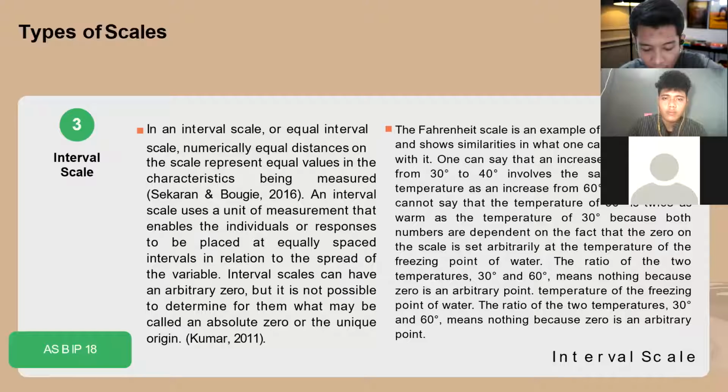The ratio of the two temperatures, 30 and 60, means nothing because zero is an arbitrary point. Next slide.